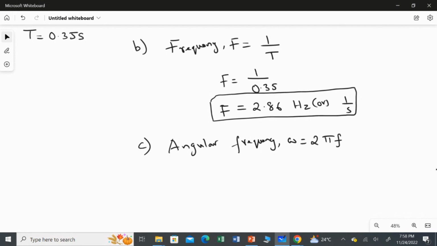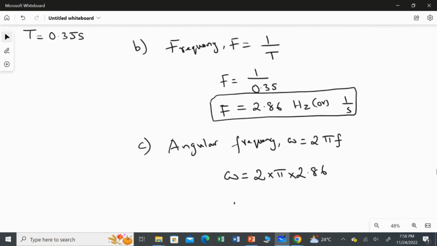This is the rule, right? So if you want to find the angular frequency, you simply take the frequency and substitute the value here. Therefore, omega is equal to 2 multiplied by pi multiplied by the frequency. The frequency value we got in the second part is 2.86, right?